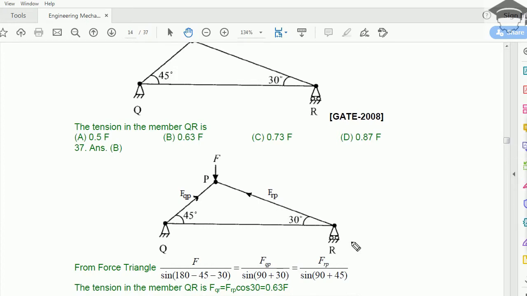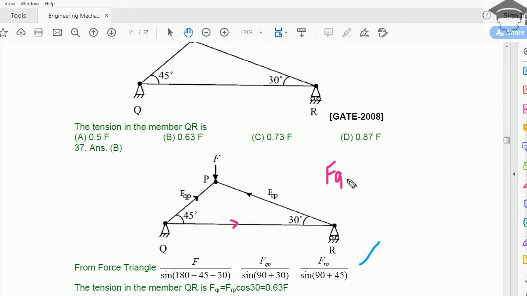So this will be FQP cos 45. FQR will be equal to directly FQP cos 45.